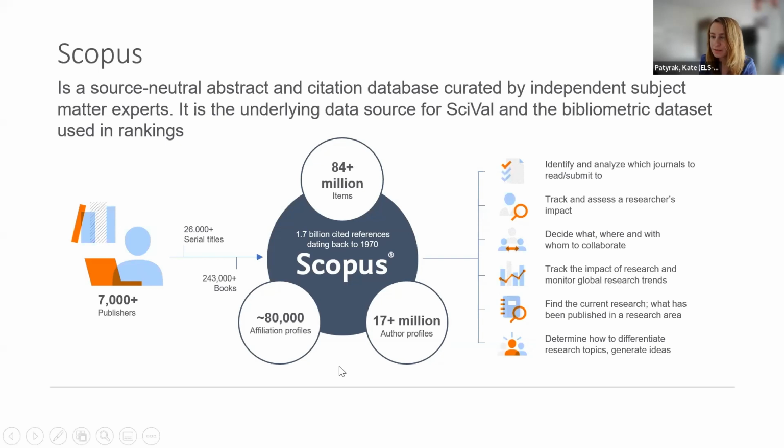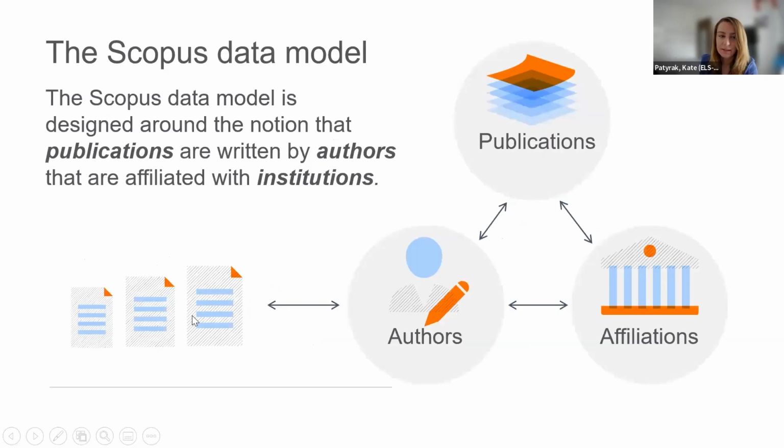It contains over 84 million publications, over 80,000 affiliation profiles and over 17 million author profiles. Scopus places powerful discovery and analytical tools in the hands of researchers, librarians, institutional research managers, and funders. And as I said, it's the underlying data for QS and THE.